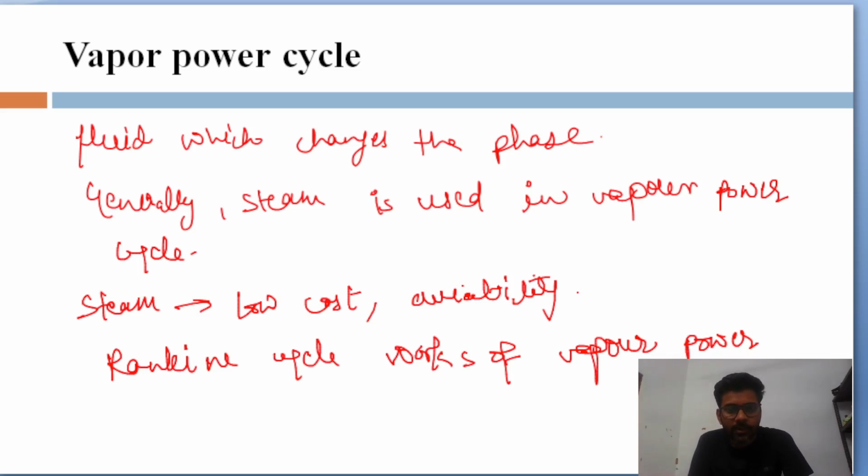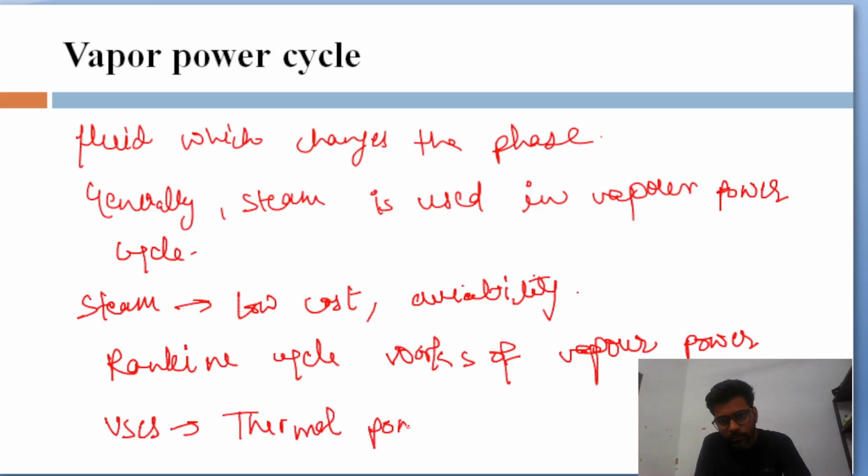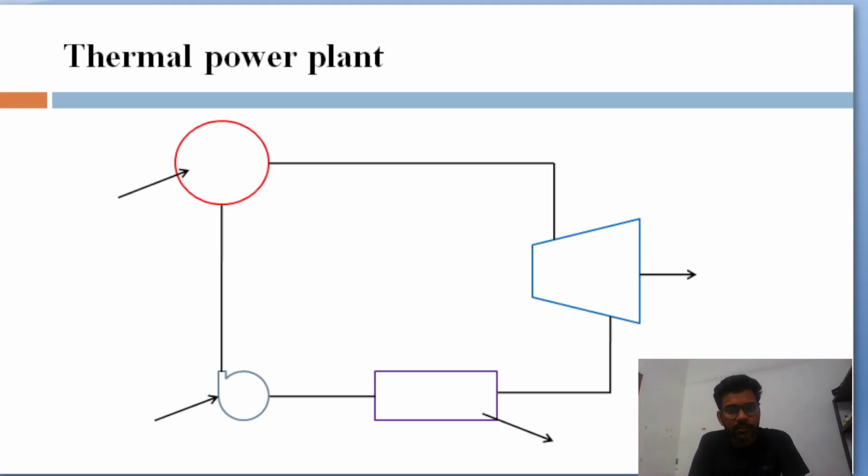Now these vapor power cycles are generally used in thermal power plants, that is the application is the thermal power plant. Therefore, in this video we introduce some basic concepts of thermodynamics of the thermal power plant.